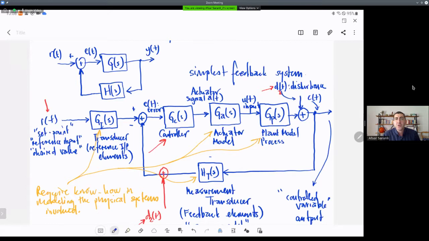What you will lose is the correspondence with the physical system components, okay? Mathematically, you can do anything. You can combine, separate, move around, but this notation here is just to illustrate the correspondence with the physical system. And where you separate blocks really is up to you.